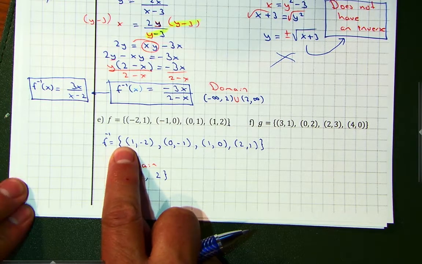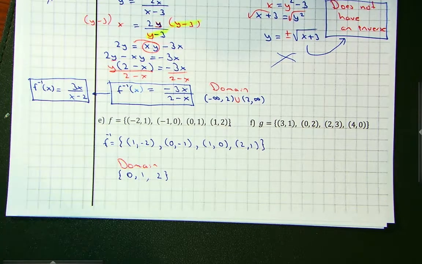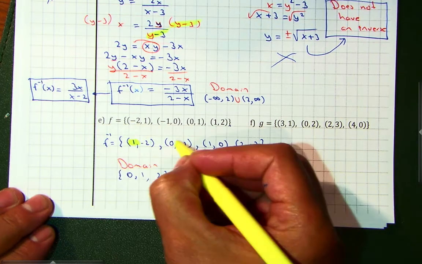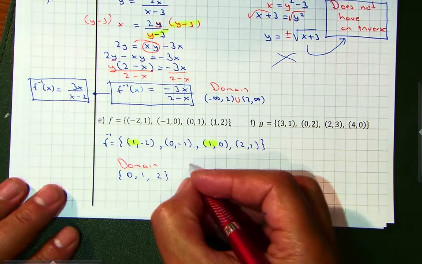Now, I already made a mistake. Can you guys tell me what is my mistake? What did I not see? Correct. Notice that this is no longer a function because it has the same x value, so therefore the inverse does not exist.